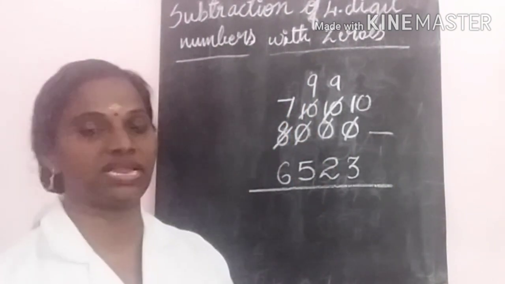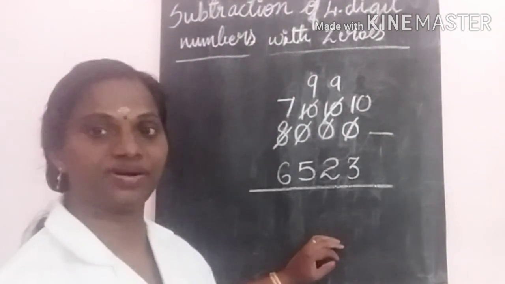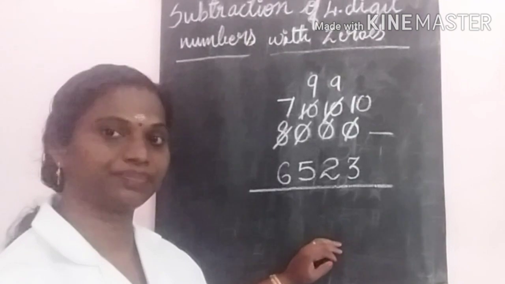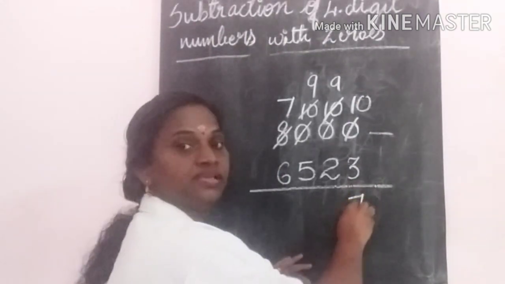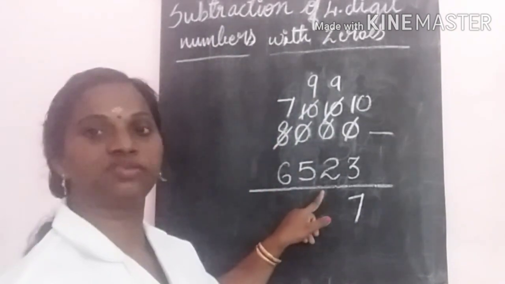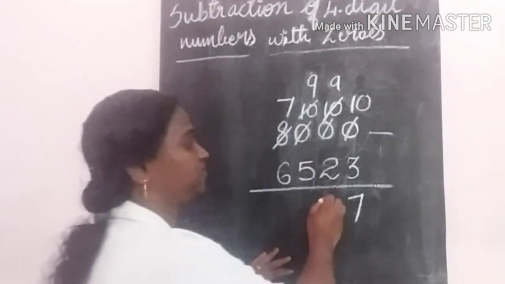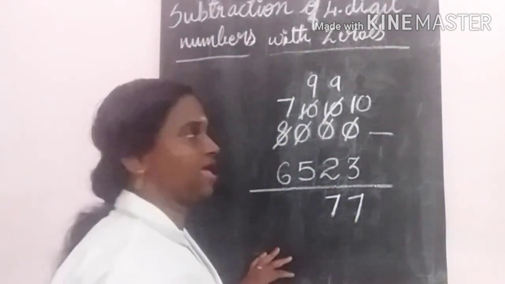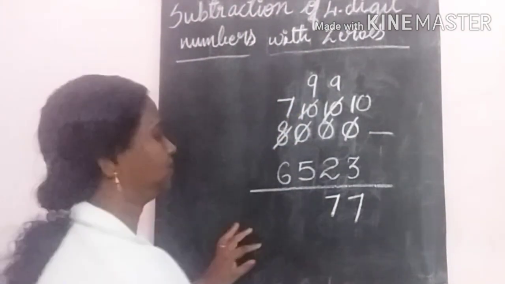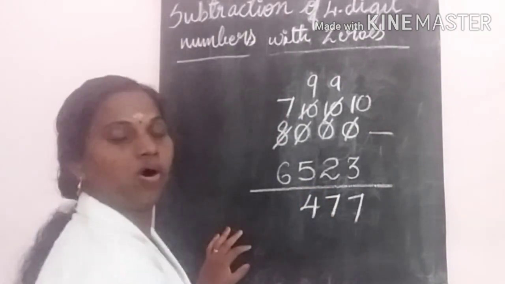Now we can easily subtract. First 10 minus 3. What is 10 minus 3? Yes, that is 7. Next 9 minus 2. 9 minus 2 is equal to 7. Then 9 minus 5 is equal to 4.